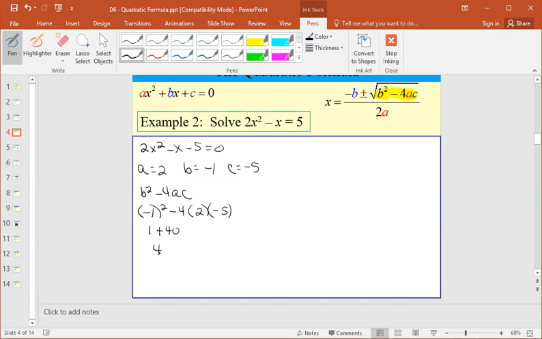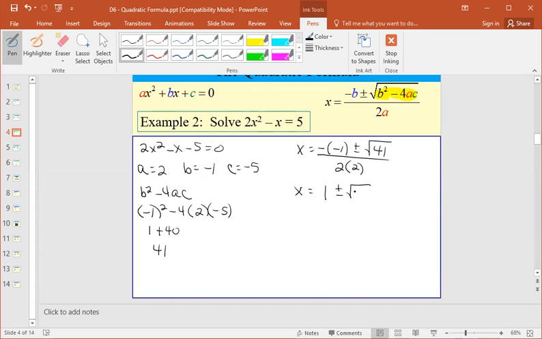So this is 41. Then we plug back into our original opposite of b. B was -1, plus or minus the square root, and this is where our 41 comes back in, over 2 times a, and a is 2 this time. So the opposite of -1 is 1.